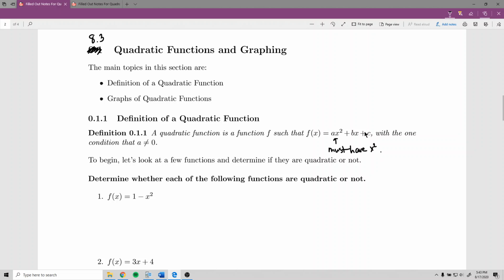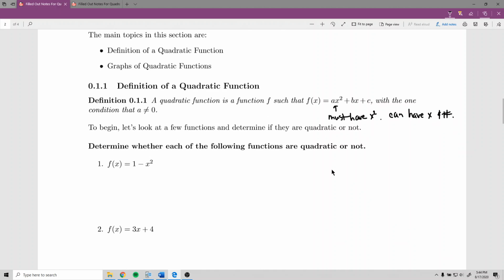The way I like to think about it, we must have an x squared, can have x and just a number. That's what the c is, and then the b times x would be where the x goes. But you must have the x squared.